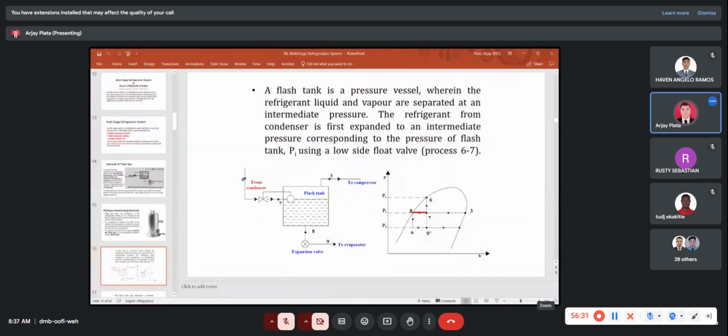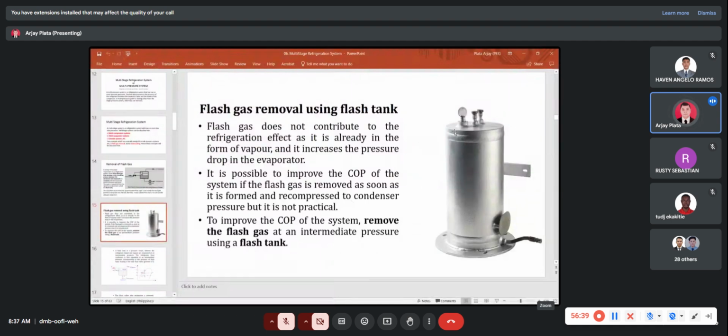So yeah, let's go back. It's just like a pressure vessel, as you can see here. Inside this will be the gas, and the liquid will be separated.